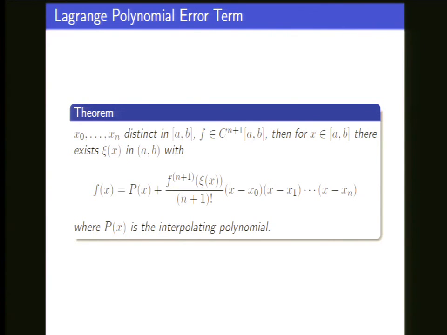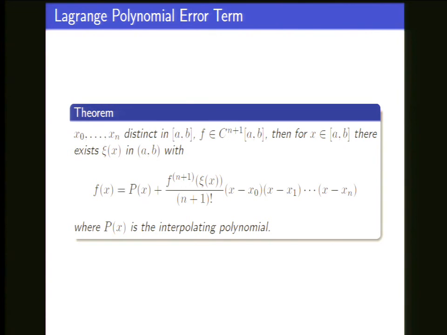And then remember Taylor was x minus x0 to the power of n plus 1. But this guy instead does this product x minus x0, x minus x1, which we can write as product of x minus xi from 0 to n.